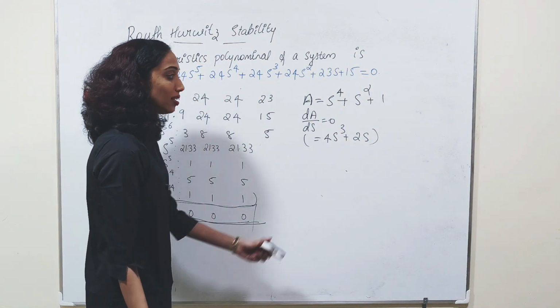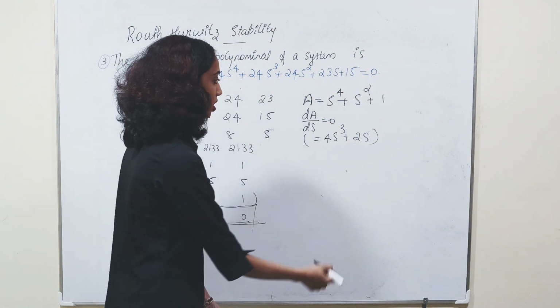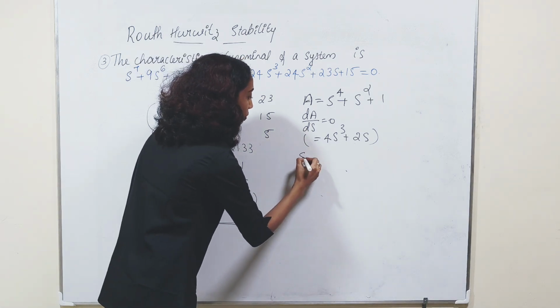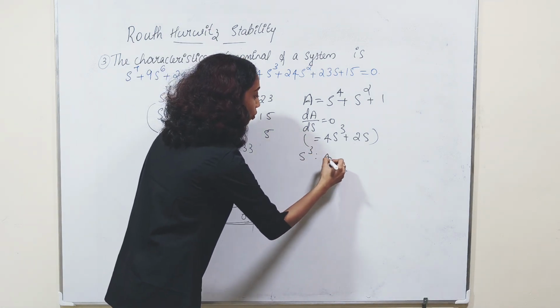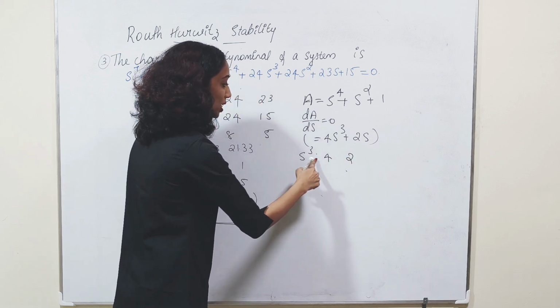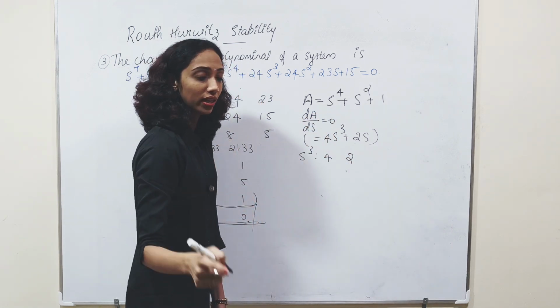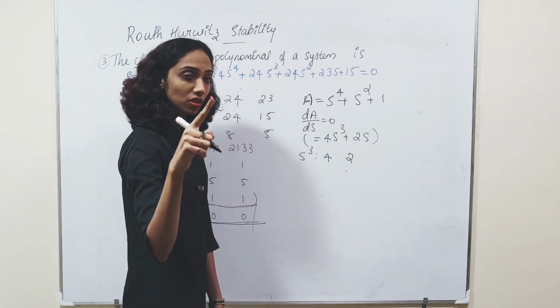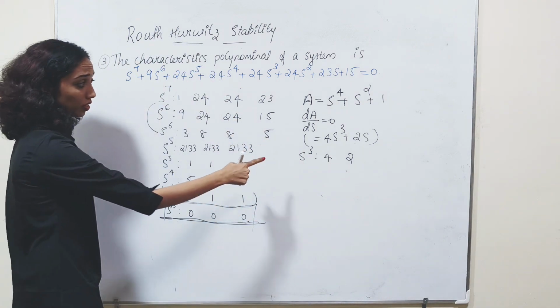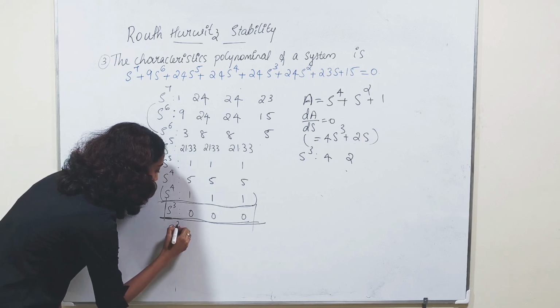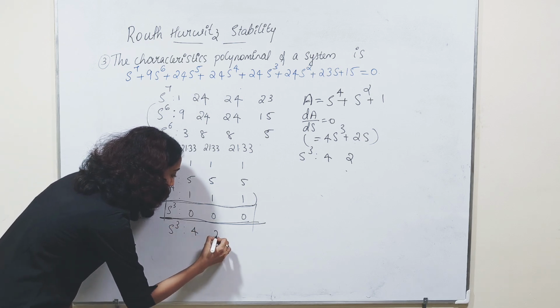Again we have a characteristics equation of the order of s raised to 3. That means s raised to 3 has 4, and the next, s raised to 1, has 2, since 3 is an odd number. The coefficient of s raised to 1 is 2. So we can further proceed with s cube as 4 and 2.